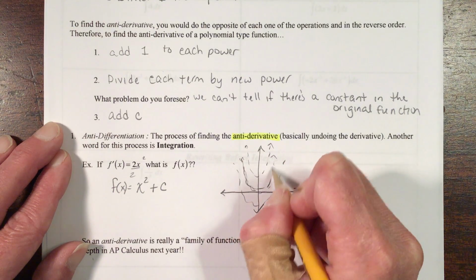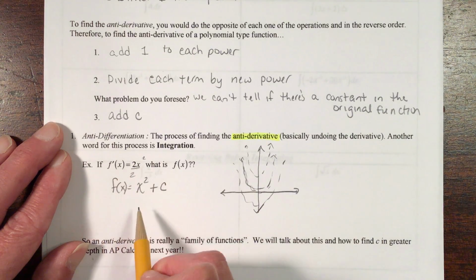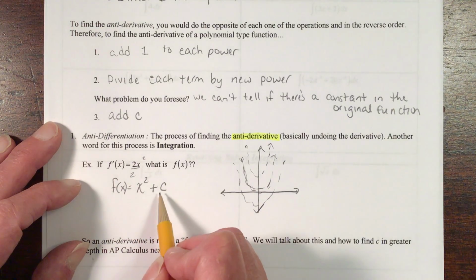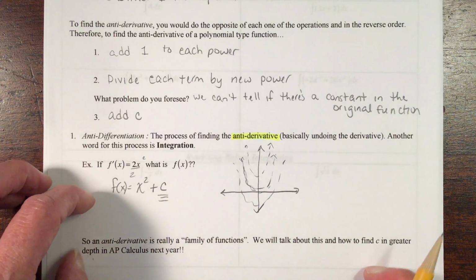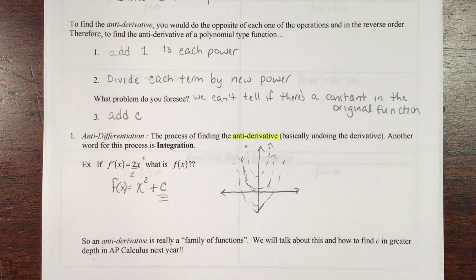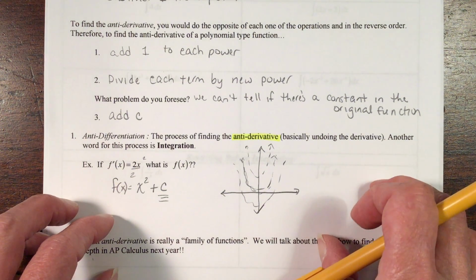So we're really coming up with a family of functions that are all parabolas. Okay. And, once again, we will work on finding C next year. But for the time being, we just want to introduce you to the notation we use for an antiderivative and some of the basic rules on how to use them.